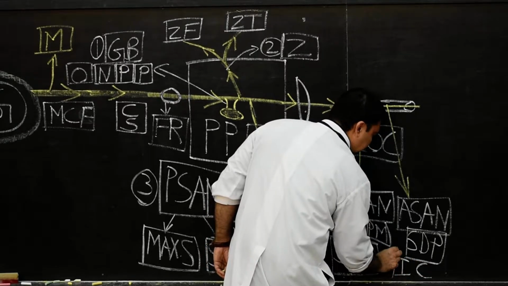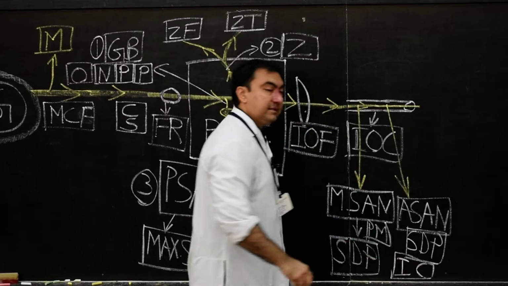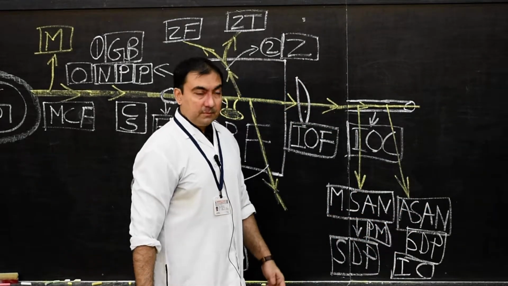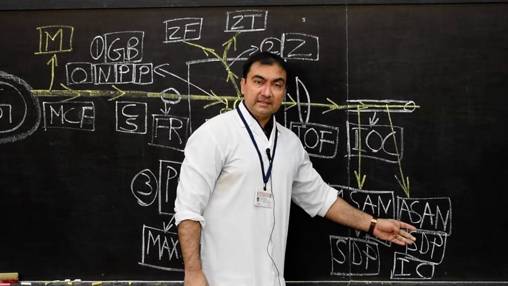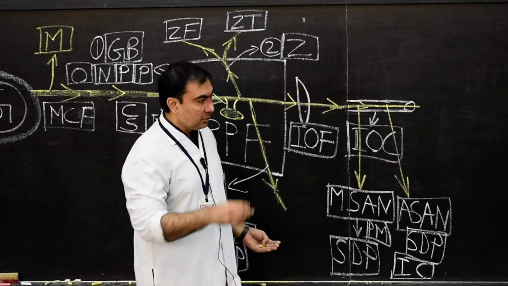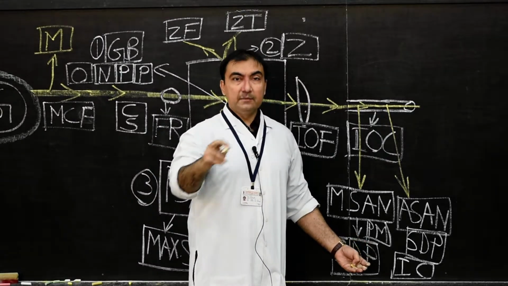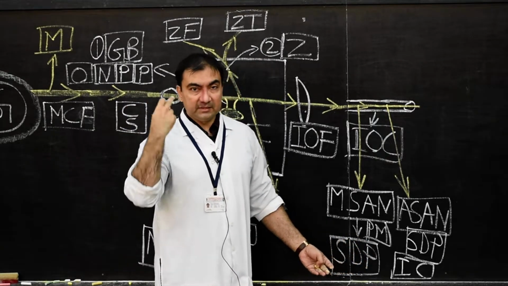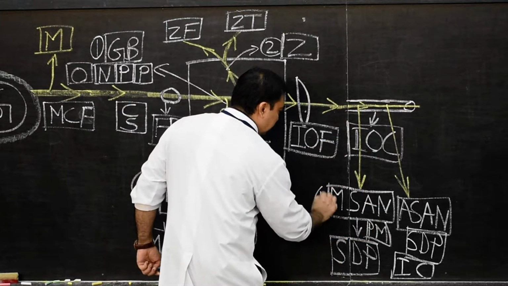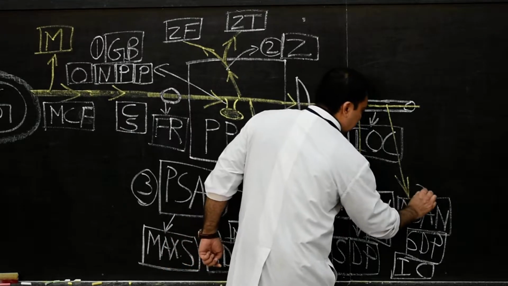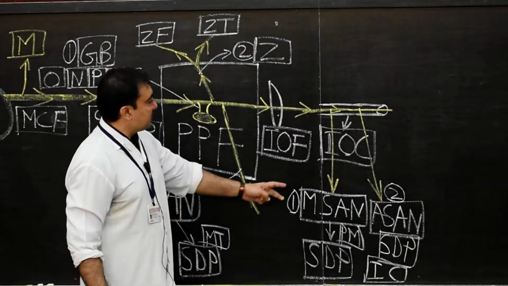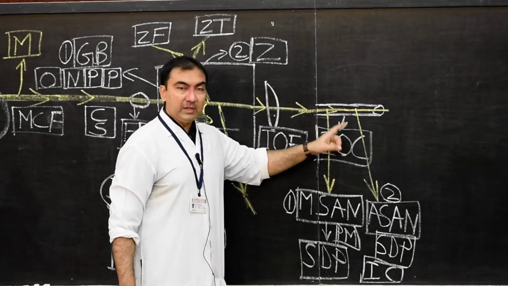So the incisor teeth and canine teeth will be supplied by the anterior superior alveolar nerve. Remember, these are the upper incisors, canines, premolars and molars, because the lower portion will be supplied by the branch of the mandibular nerve. So here the two branches: number 1 middle superior alveolar nerve, number 2 anterior superior alveolar nerve, both branches of the maxillary nerve in the infraorbital canal.